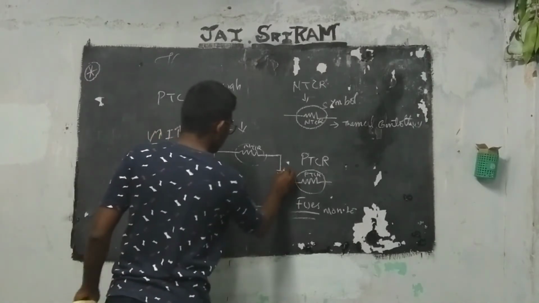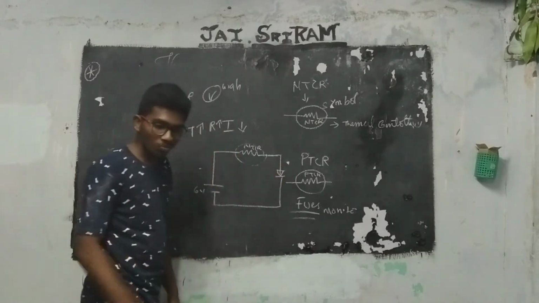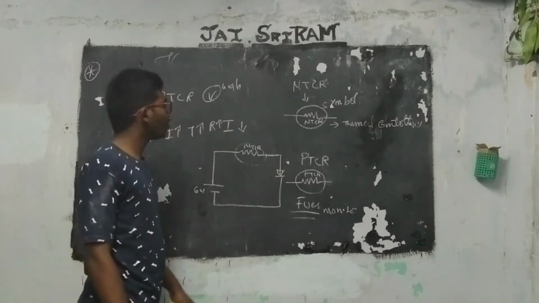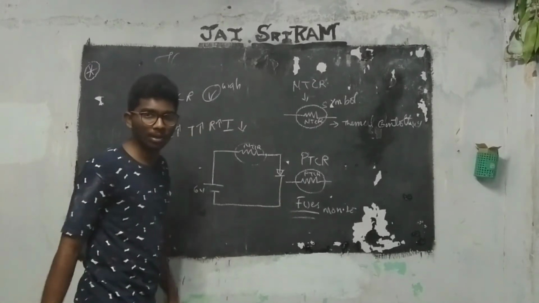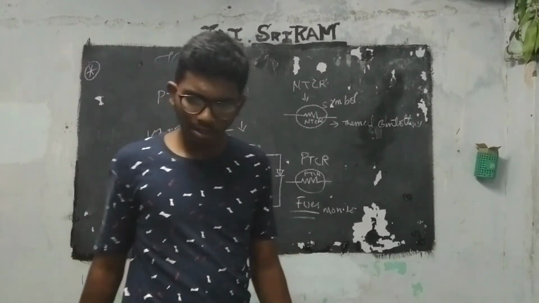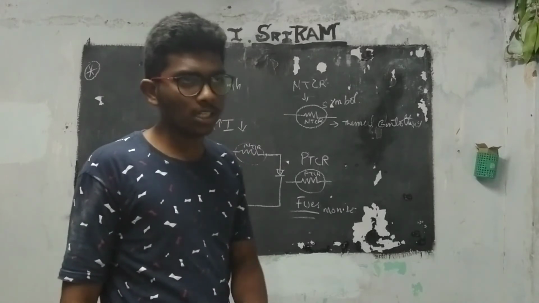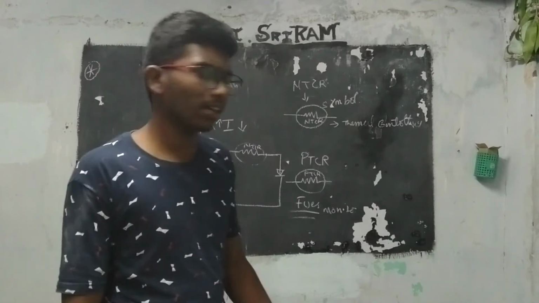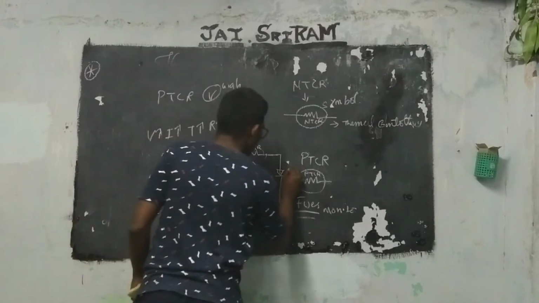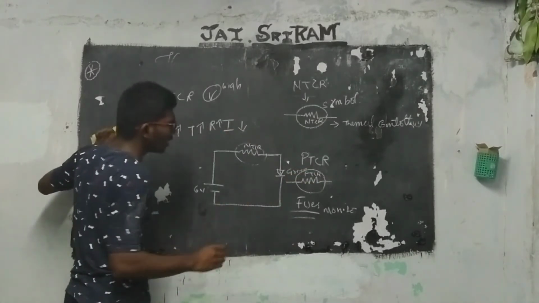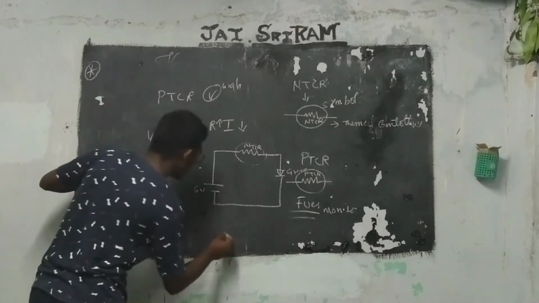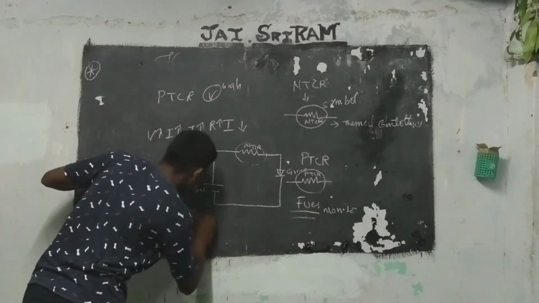Let's think we have a bulb here, a green LED. Now, when the LED glows, when you have high current, let's check in hot temperature.